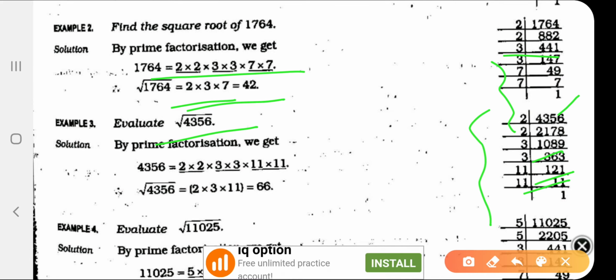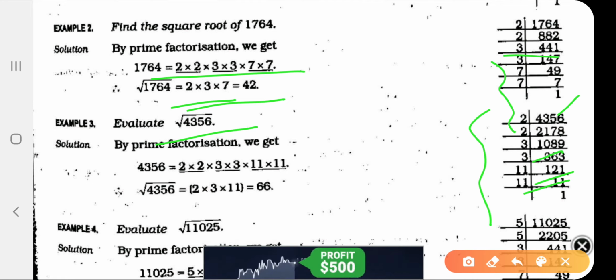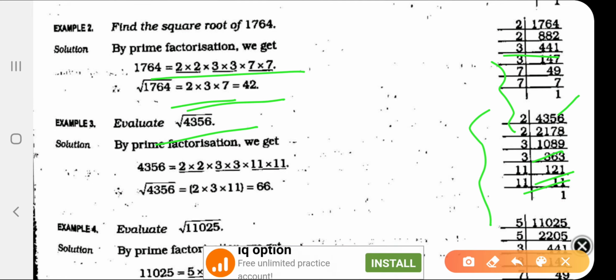The divisibility rule of 11 is that if the difference of the sums of alternate digits is 0 or a multiple of 11, then the number is divisible by 11. It might be confusing, but I'm telling you how. The alternate places are these.